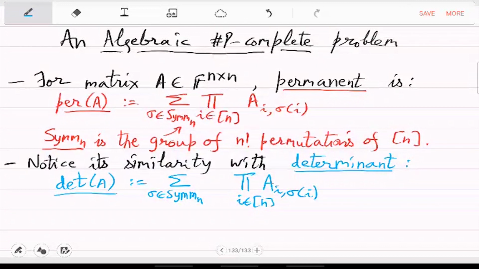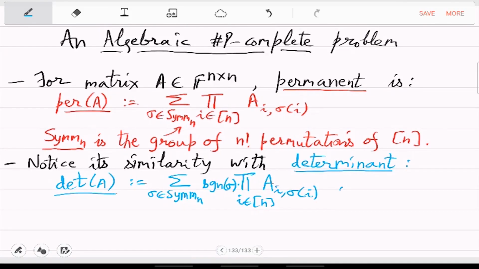Same expression, except the difference is that here we will put a sign before the product. So that's the sign of the permutation. Okay, so the symmetric group has half odd permutations and the remaining half even permutations. So they are divided into +1 and -1, and that's the sign you have to put here. You don't need to know the definition of odd and even permutations, but just remember that half of them will have negative sign, and that changes everything.